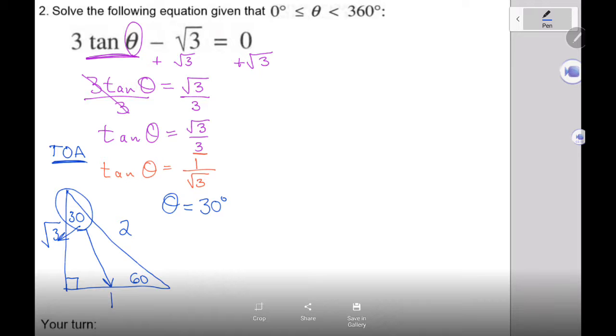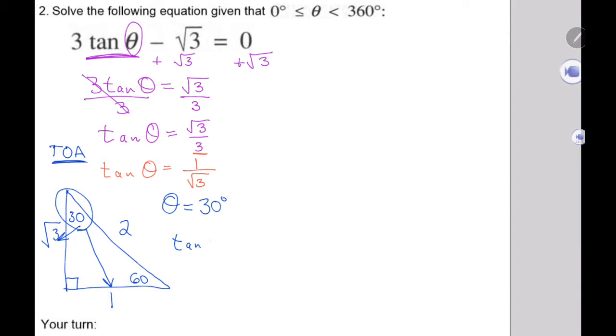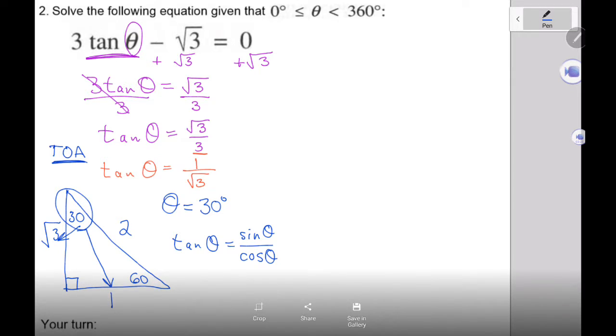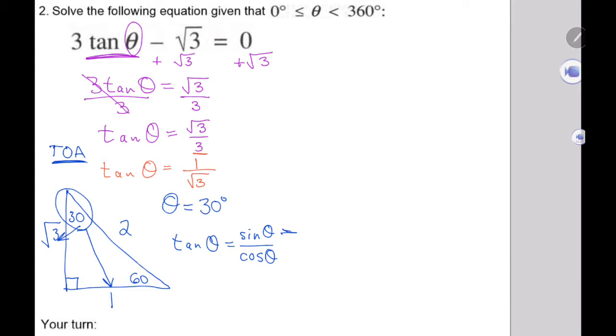Now, here's the thing. When you think about tangent, remember this. The tangent of theta is equal to the sine of theta over the cosine of theta. And we've been talking about the fact that sine has a lot to do with y, and cosine has a lot to do with x.